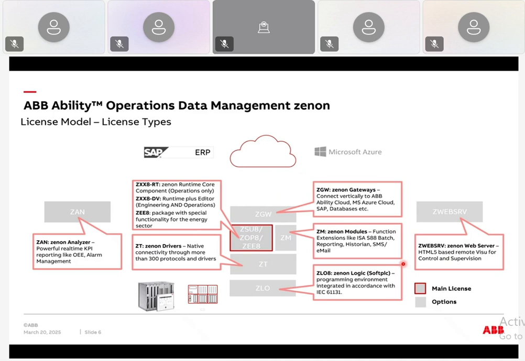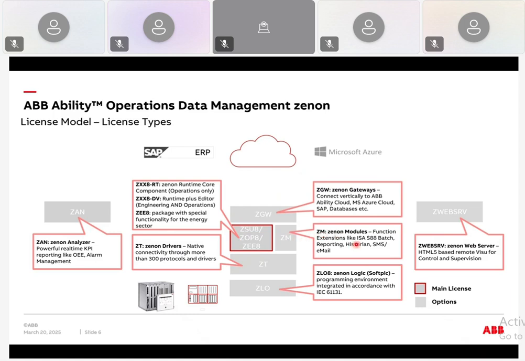There are many drivers, and I will show you the list of drivers available. Based on that, you can choose, for example, the Modbus driver or Profibus or Profinet driver, OPC UA or OPC DA. There are different drivers available. Otherwise, if you are using AC500, the AC500 driver is free of cost.